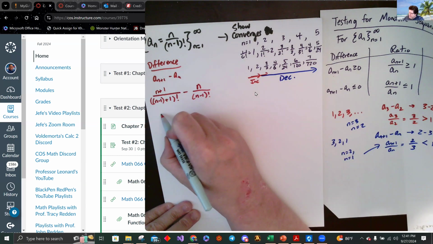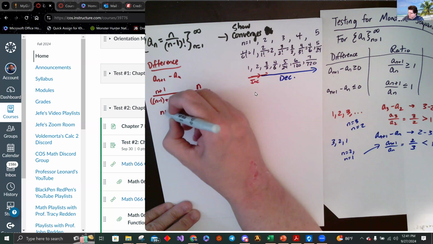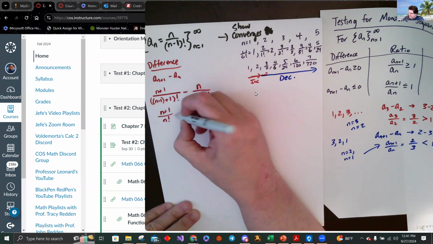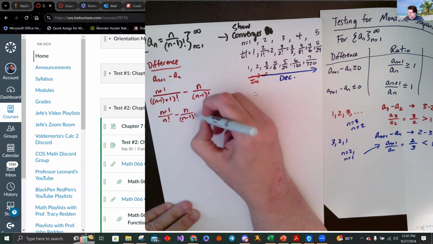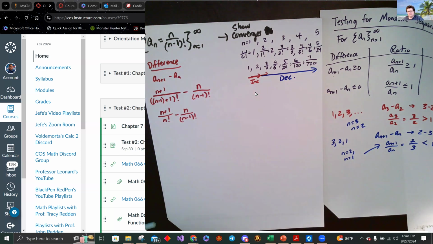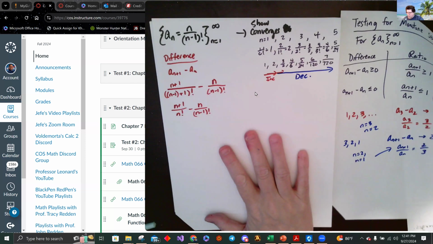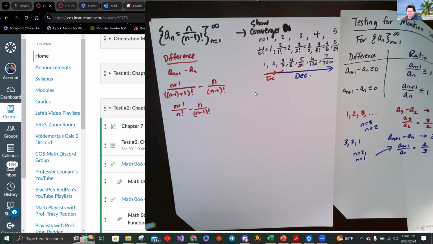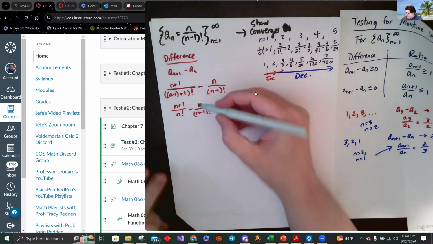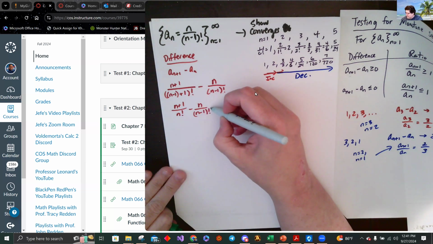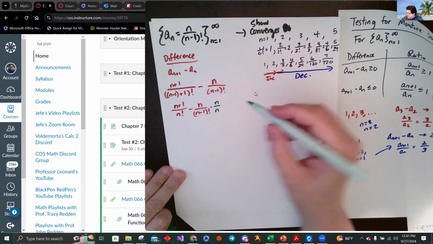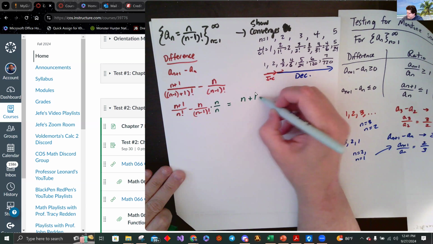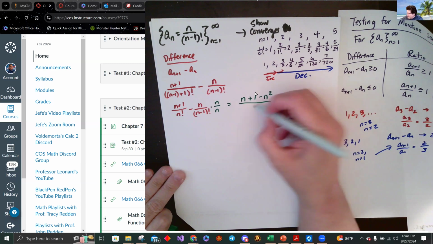If I clean this up, this is n plus 1 over n factorial minus n over n minus 1 factorial. If I want a common denominator, this one is only missing an n. I multiply this on top and bottom by n. I'm going to get n plus 1 minus n squared over n factorial.